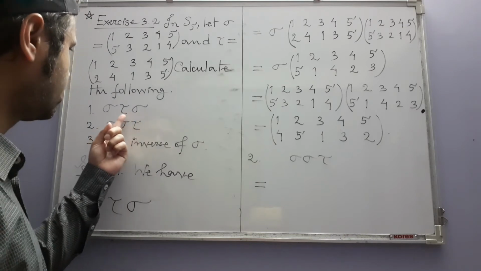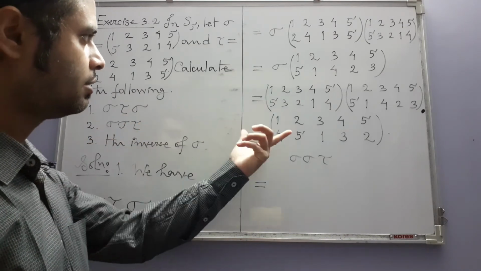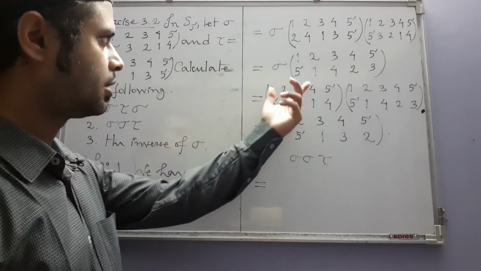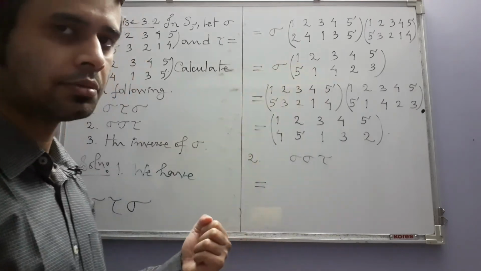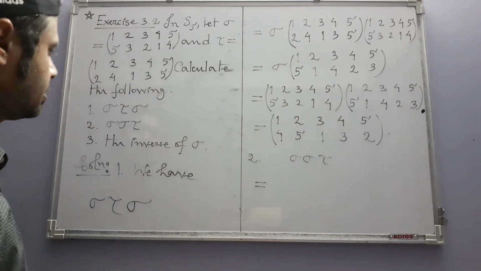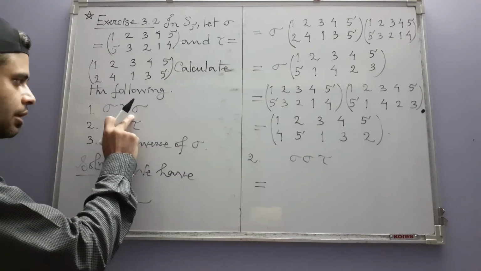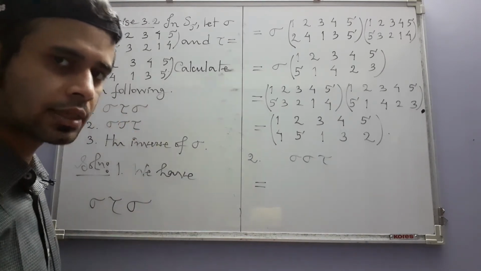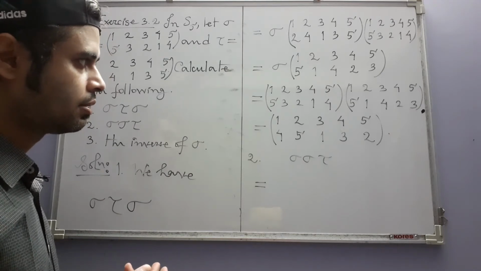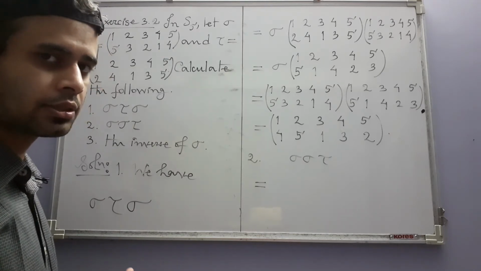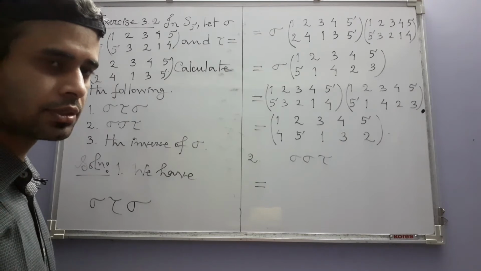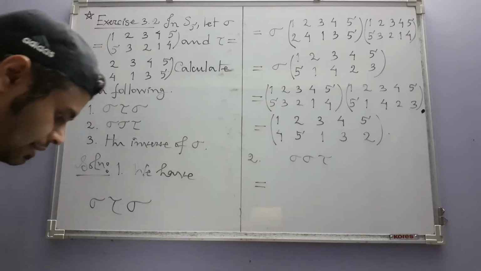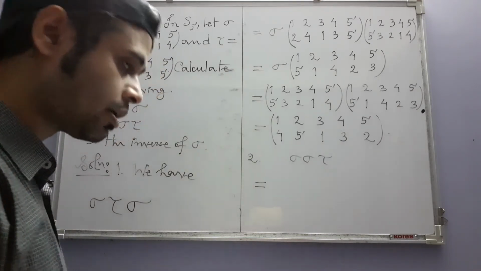Here we have calculated tau sigma first, and then we have considered the product of that with sigma. But if you decide to calculate sigma tau first and then take its product with sigma, you are going to get the same thing. That is because of the associative law. Function composition is associative, which we already have seen in precisely theorem 1-2.